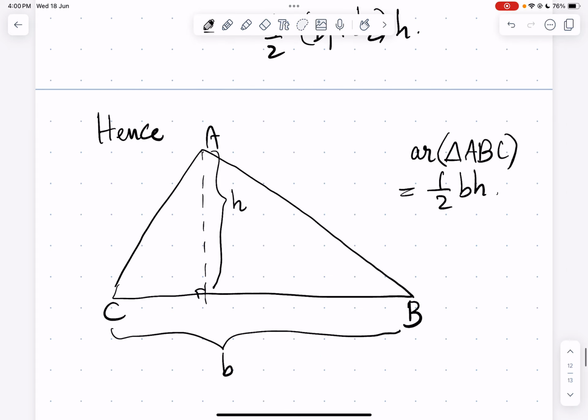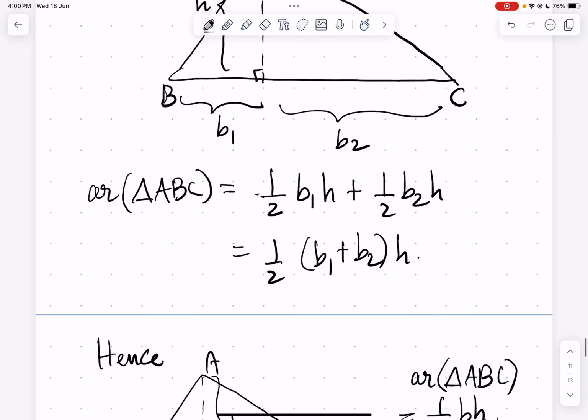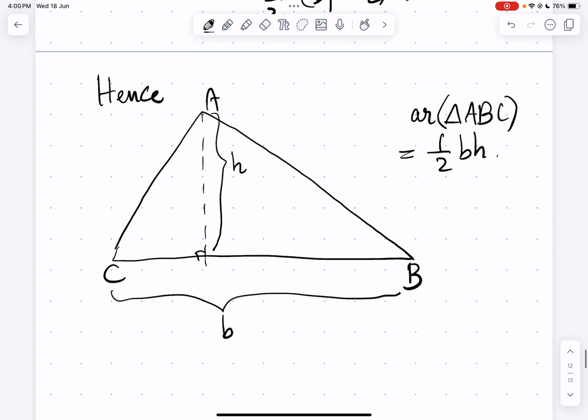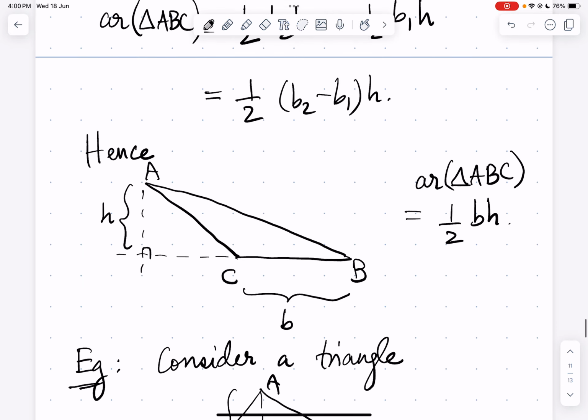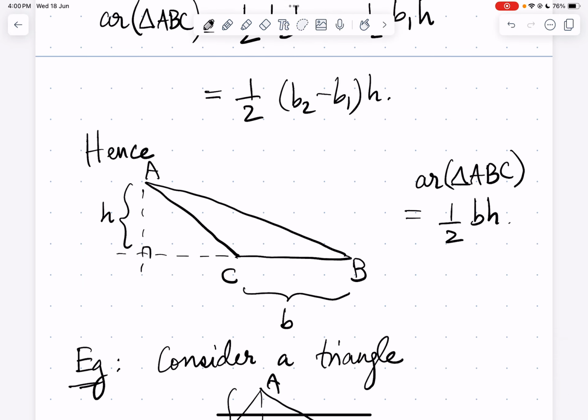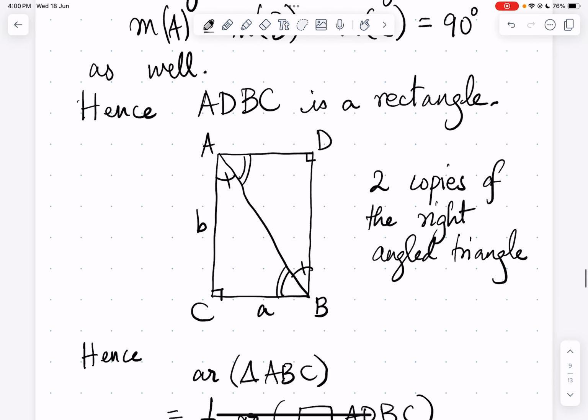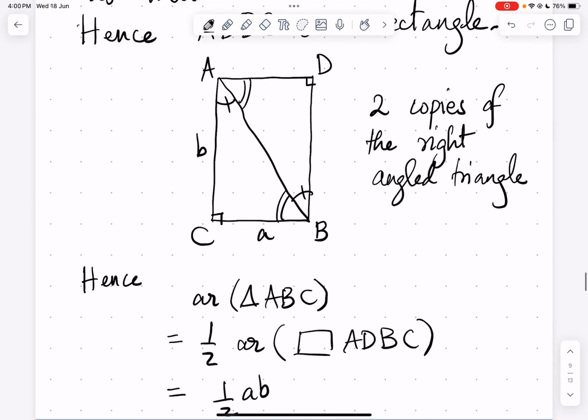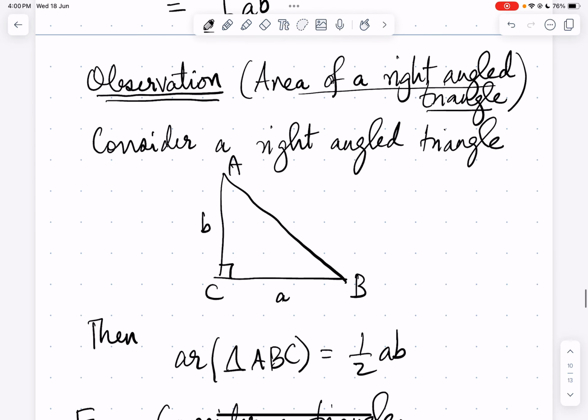So in both these configurations, in both these triangles, the area of the triangle is half base into height. In this triangle, the area is half base into height. In this triangle, the area is half base into height. And in a right angle triangle, the area of the triangle is anyways half base into height.